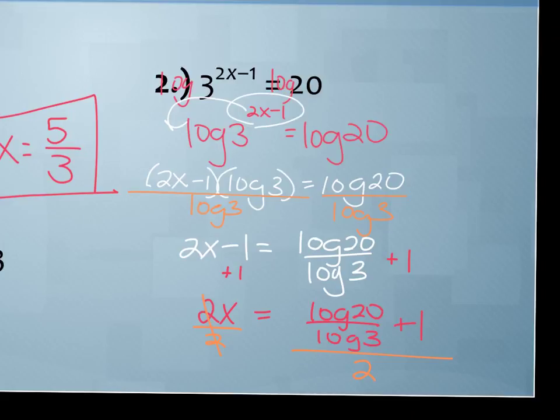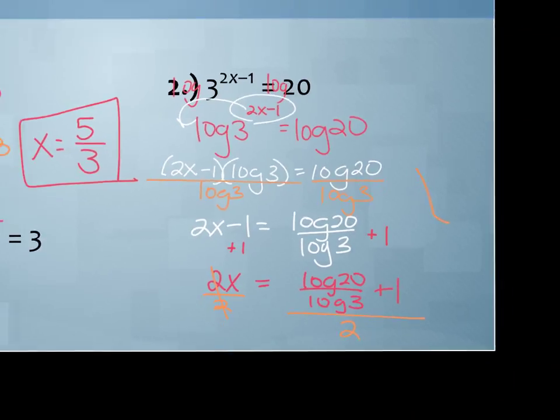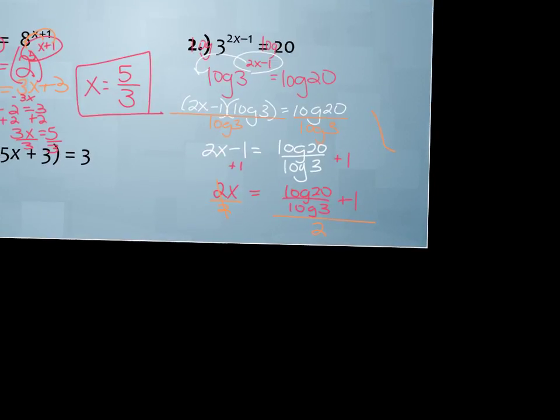So I would find the log of 20 divided by the log of 3, and I get 2.726. So if you rounded it there, you could have like 2.7. Then add the 1, 3.7. Then divide by 2, and you should get 1.86. I'm going to round to the nearest tenth. I'm going to say that x equals 1.9.